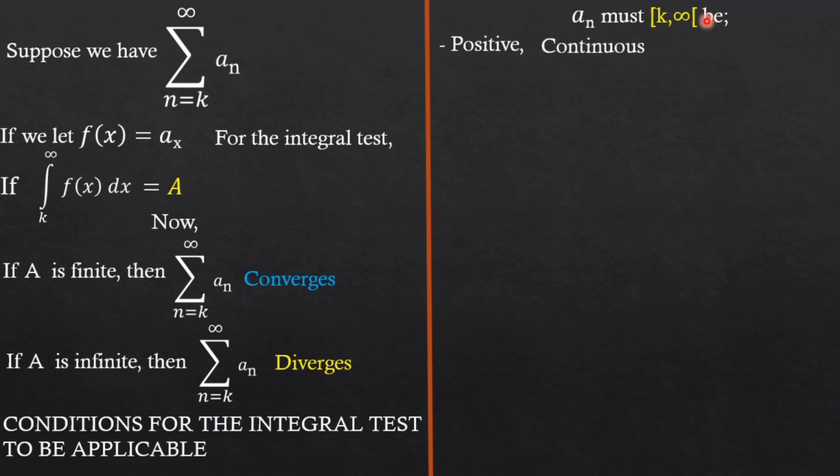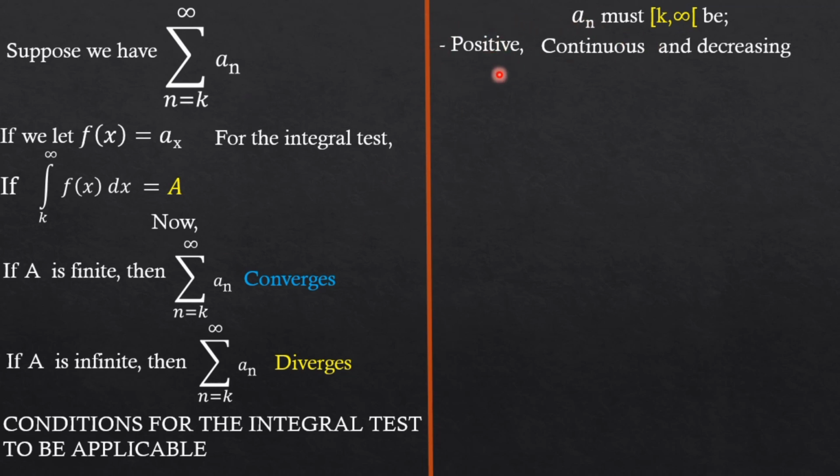Second, it must be continuous, and the last, it must be decreasing. There are some textbooks that, instead of continuous, will tell you differentiable, but let's keep that for now. It should be continuous. Once these three conditions have been met, we are good to use the integral test. If one condition fails, you cannot use the integral test.